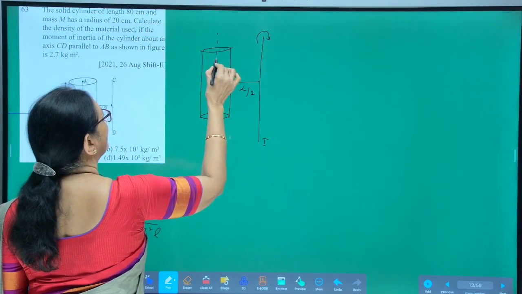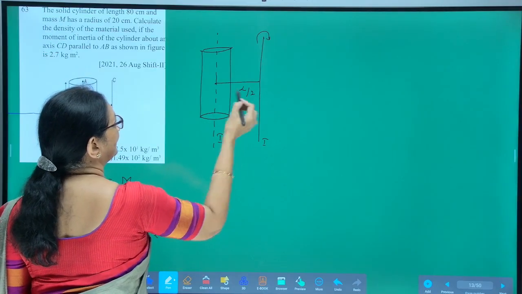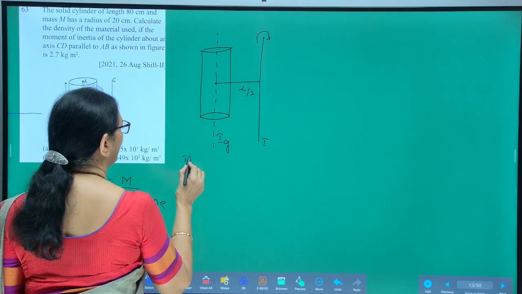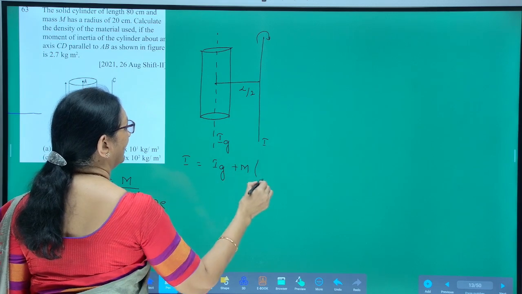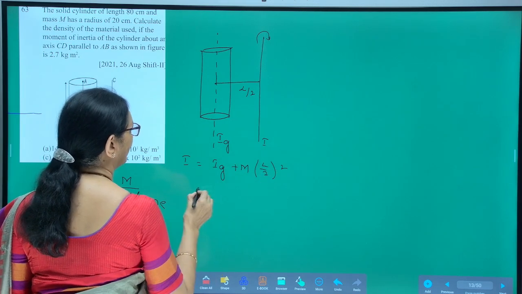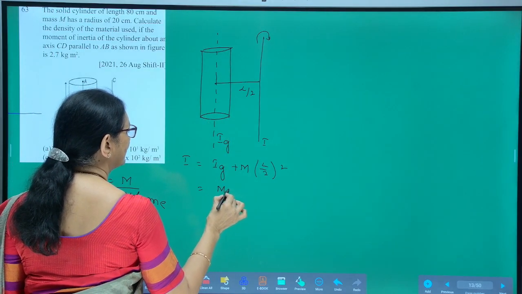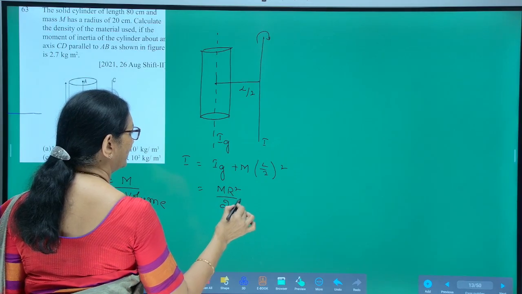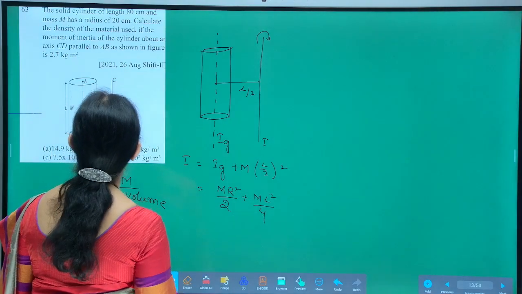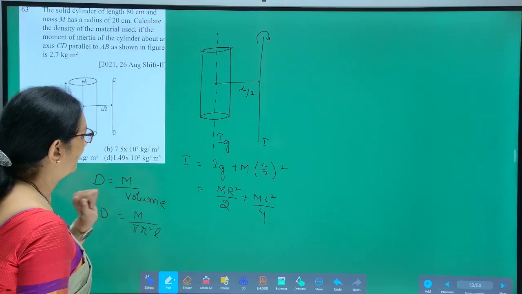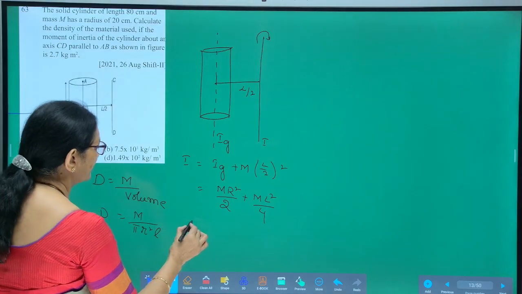So if you think of parallel axis theorem, this is Ig, perpendicular distance is given as L by 2, I is equal to Ig plus m (L by 2) whole square. Moment of inertia of a solid cylinder about the natural axis is m r square by 2 plus m L square by 4. Right?